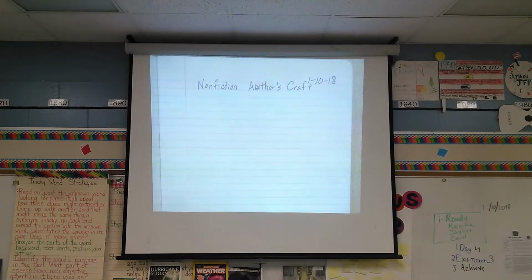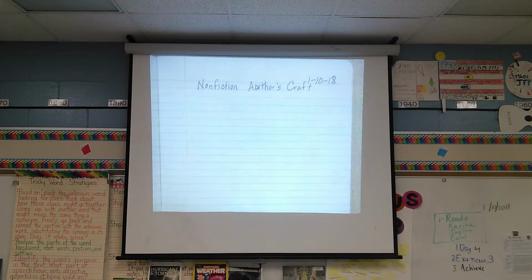Now, writers of nonfiction use different kinds of craft in order to get the reader to respond in certain ways, or in order to be more effective in their purpose, what they're trying to do.